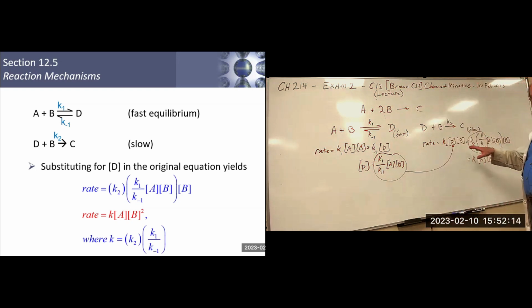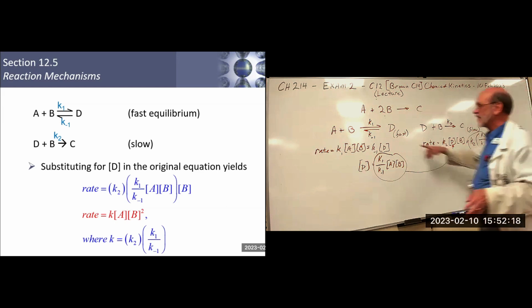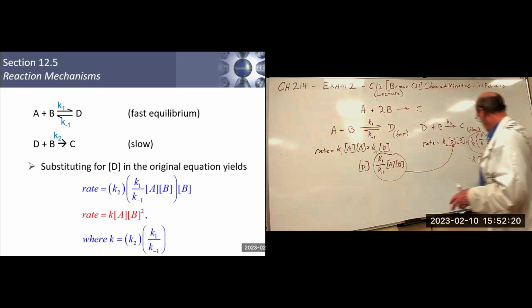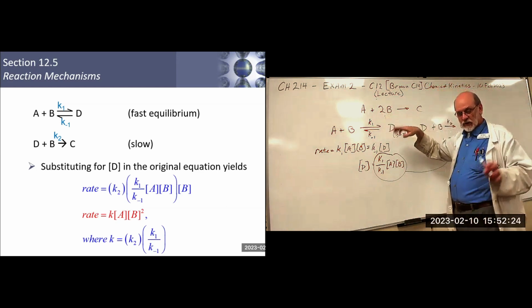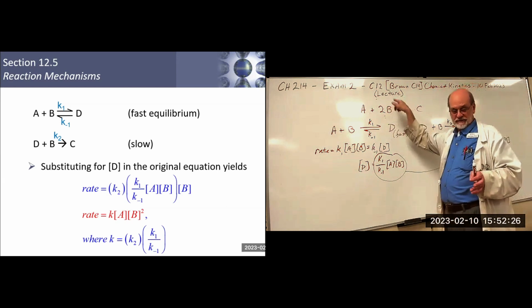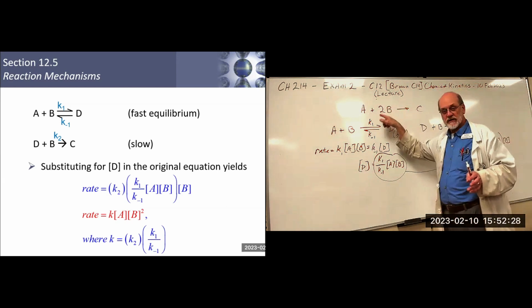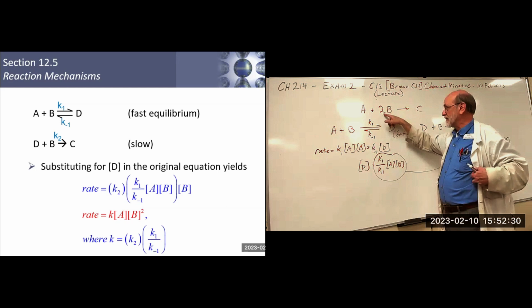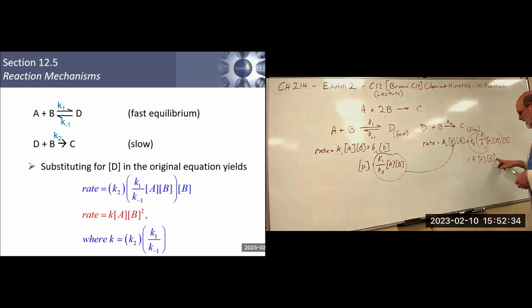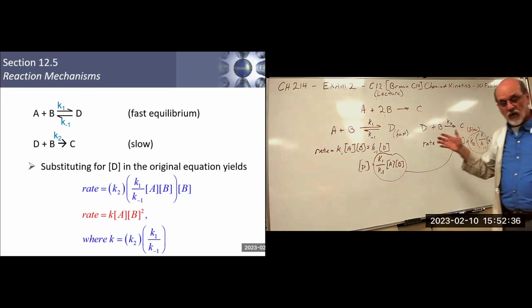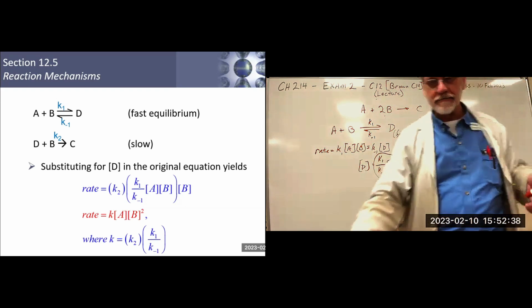Now, coincidentally, the order of A is first order, and the order of B is second order. Don't take that to be gospel, because for the overall equation you can't use that value for the order of B. It just coincidentally turned out that way.